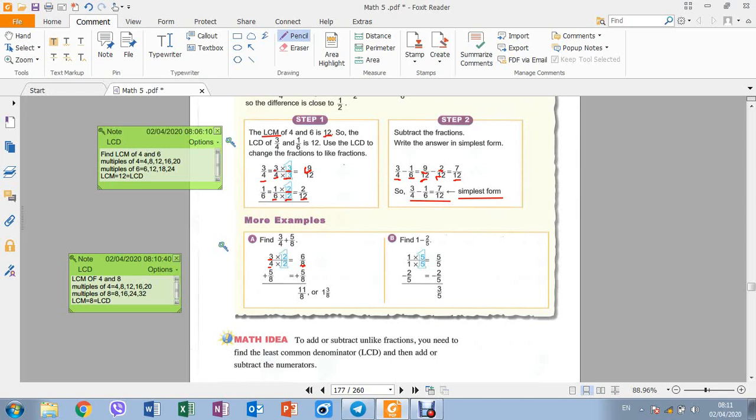Now 5/8. So this 8, multiply with number equal to it. Again, we multiply by what? By 1. So this 8, our LCM is 8, because directly we multiply by 1. When we multiply denominator by 1, we multiply numerator by 1, too. So 5 times 1 is 5. 8 times 1 is 8.